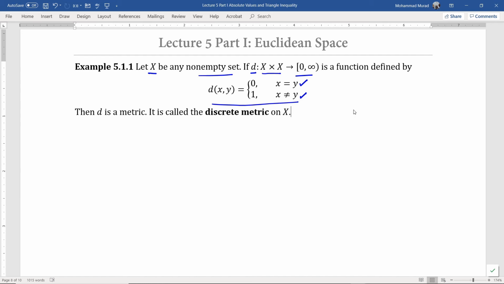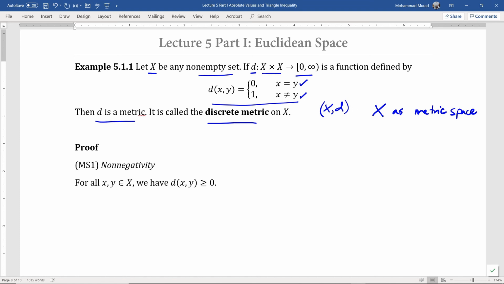Then we can show this map is a metric, and the set X together with the map is called a discrete metric space. For convenience, we often write X as a metric space. But we should keep in mind that there should be some metric lurking behind our discussion.